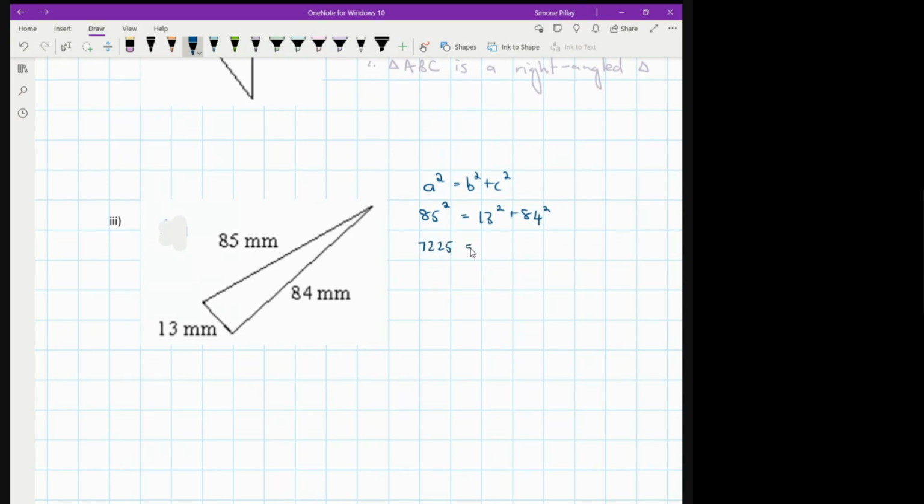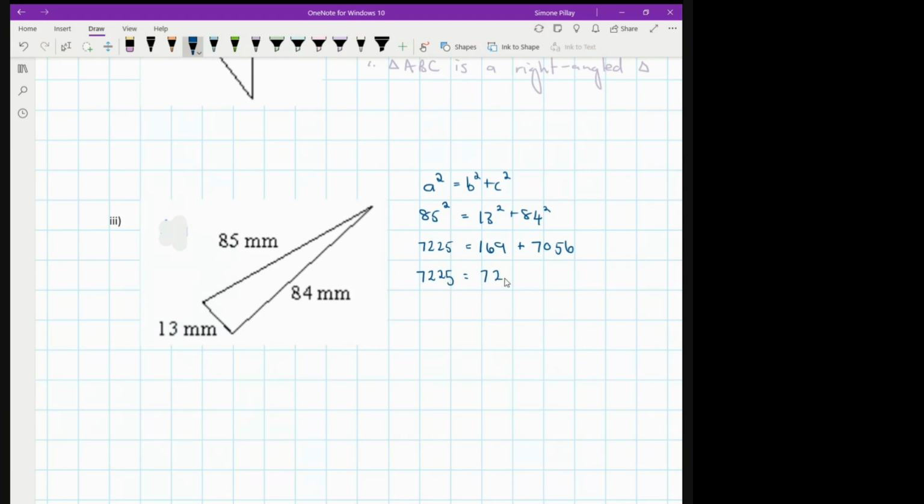That's a big number. 13 times 13 is 169. Beautiful. And 84 times 84 is 7056. Yes. Okay. 7225 is equal to 7225.